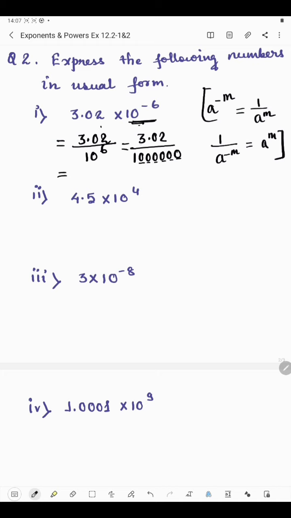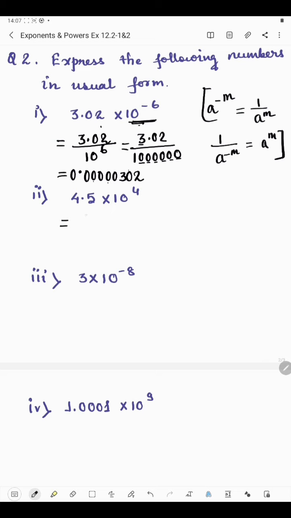Okay, so here we already have 1. So 1, 2, 3, 4, 5, 6. The decimal will be shifted here. Okay, and 0 never sits alone, so it will be 0.000003, and here we have 02, so it will become 0.00000302.